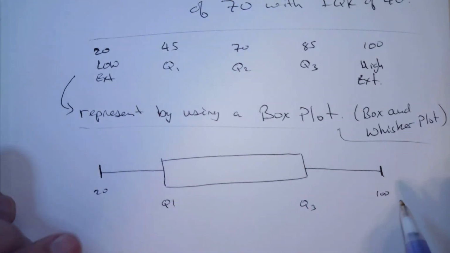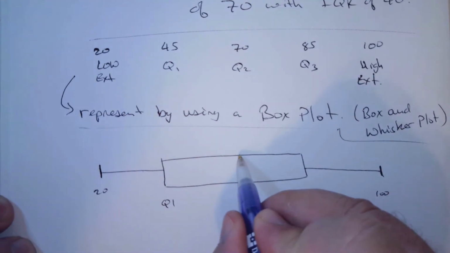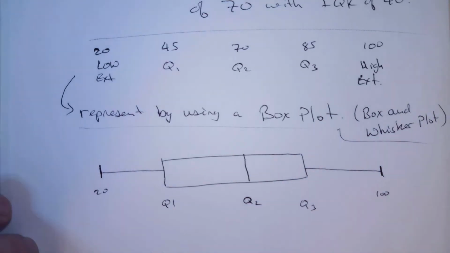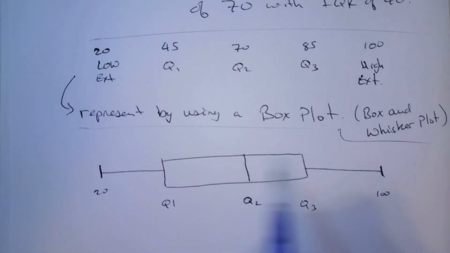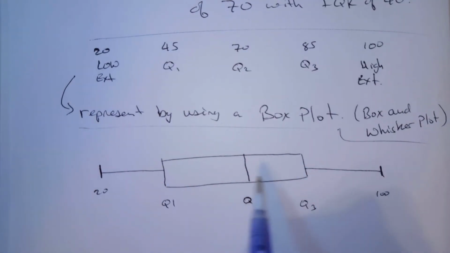And from the box, the extremes we connect by a line. Q2, or the median of the entire set, is represented by a bar. So by looking at the box, we know what the first and third quartile are, and then depending on where the Q2 is, it tells us where the median is, where the center of the data is.